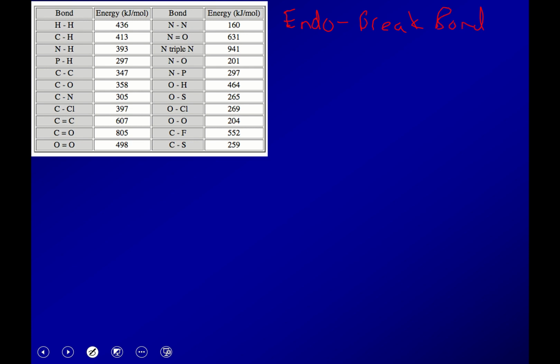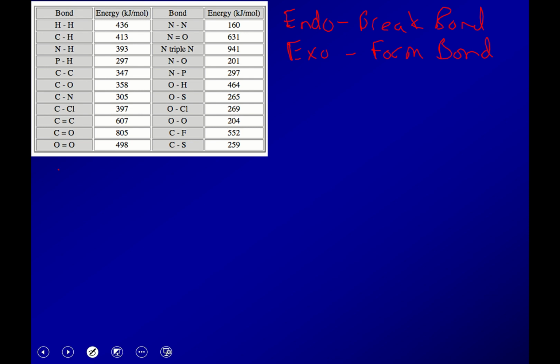Whenever new bonds are formed, that's when we release energy. Exothermic reaction. So when chemical reactions happen, we are breaking some bonds between atoms and forming new bonds, and whether that net energy is lost or absorbed determines whether we have an endo or exothermic reaction.